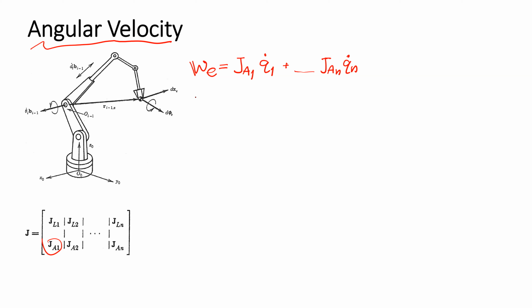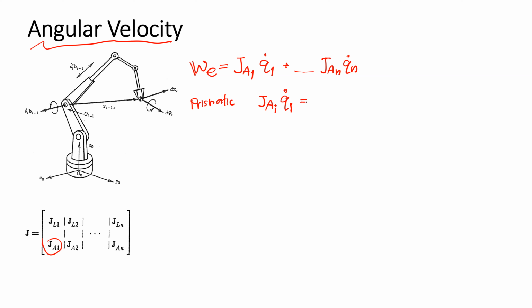So for prismatic, the J_A_i, the Jacobian that relates the joint velocity to the endpoint angular velocity of prismatic, is multiplied by the joint i velocity.